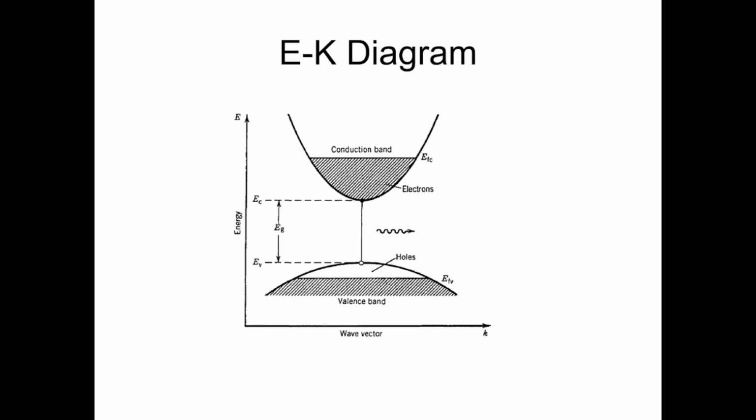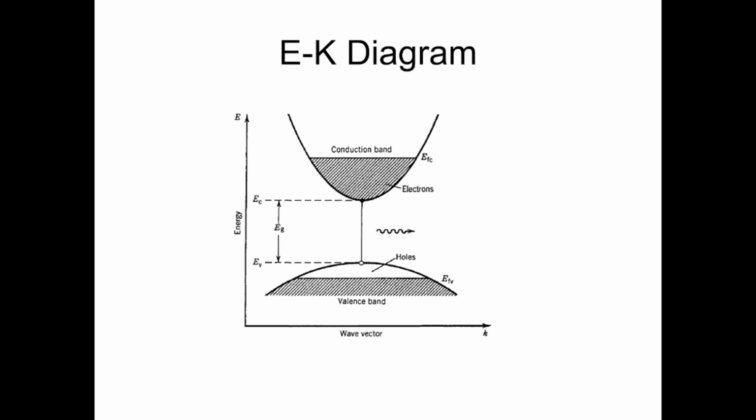Here we have to consider K, which indicates the momentum. We have to consider the momentum of this system also. The balance of this momentum is very essential for the transition, or we can say the recombination of electron hole pairs.